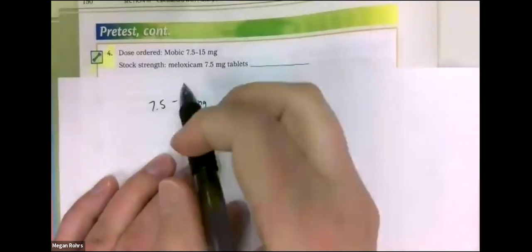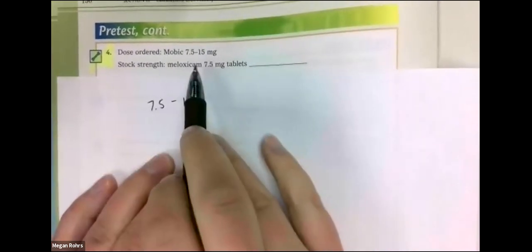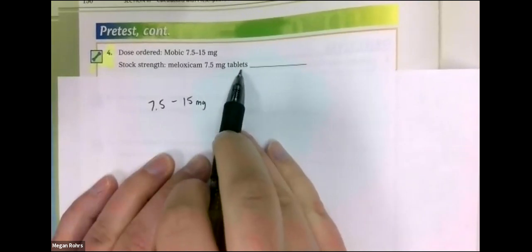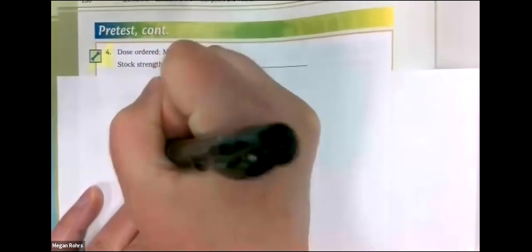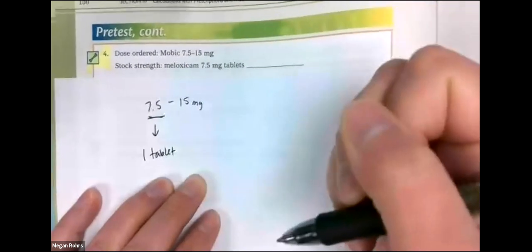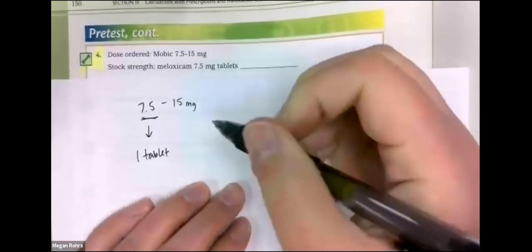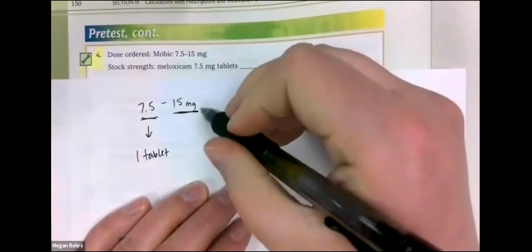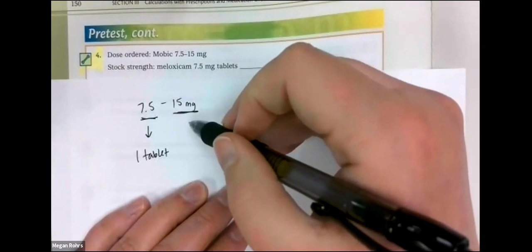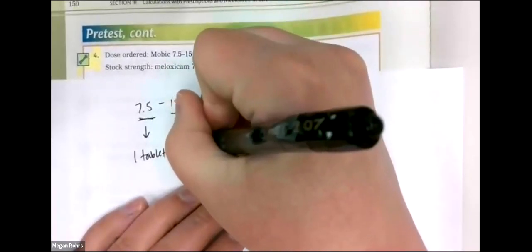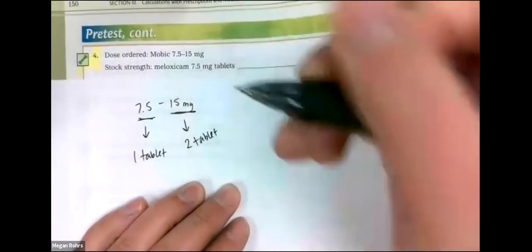So in stock, we have 7.5 milligram tablets. If they want to only give 7.5 milligrams, that would just be 1 tablet, okay? Now, if they want to give 15 milligrams, well, most of us can see that 7.5 is half of 15, so that would just be 2 tablets.